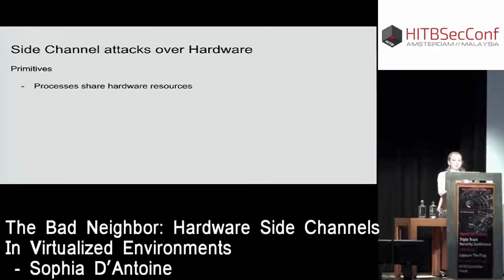All right, so we have these primitives, going back over them. We have shared pieces of hardware resources, so we're sharing the same cache or the same pipeline between multiple processes. These resources are dynamically allocated.